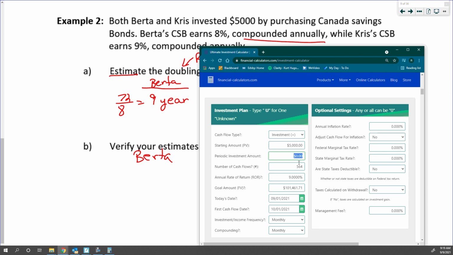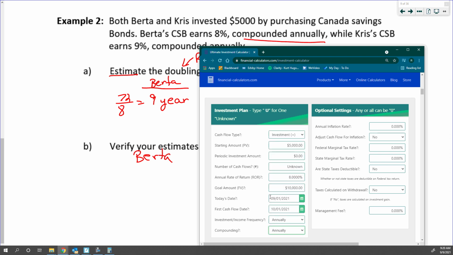Our periodic investment is still 0 because we're not making regular payments into this. The number of cash flows, and so that is unknown. And the annual rate of return, so we're doing Berta, is 8%. Goal amount, so we're doubling that 5,000, so we're trying to reach 10,000. And we're going to be doing this annually.